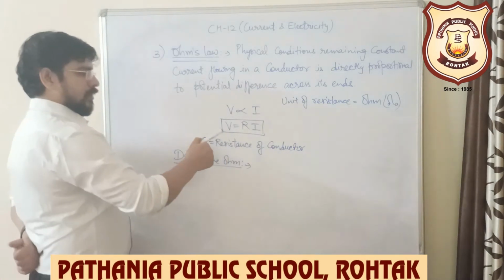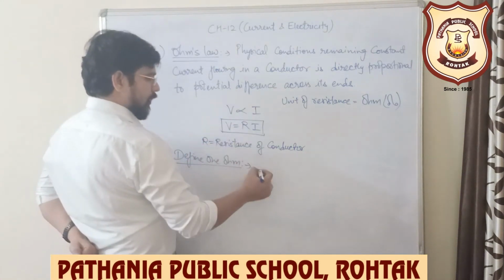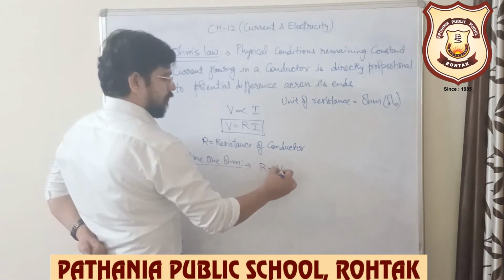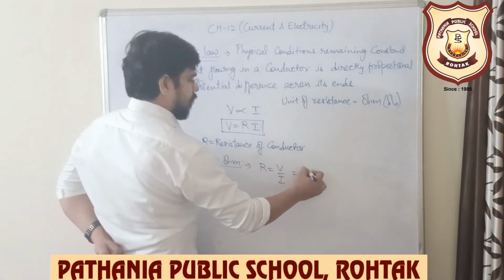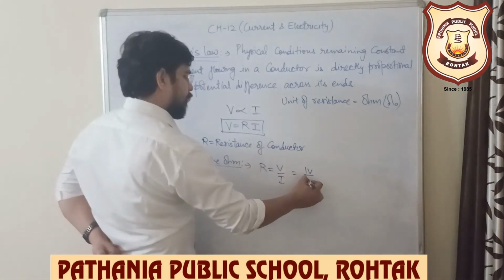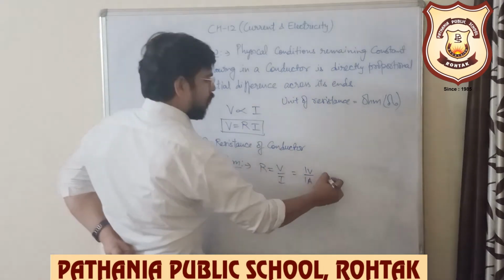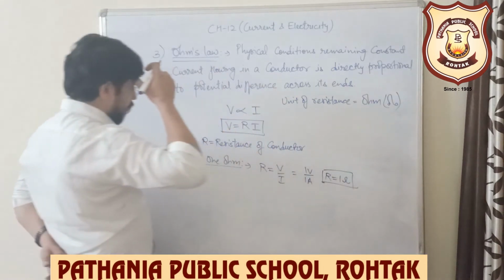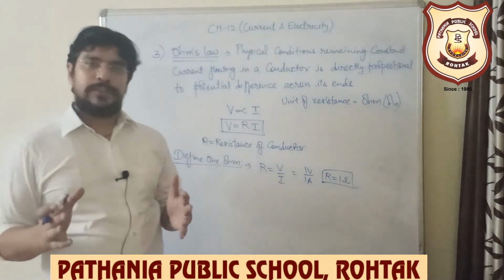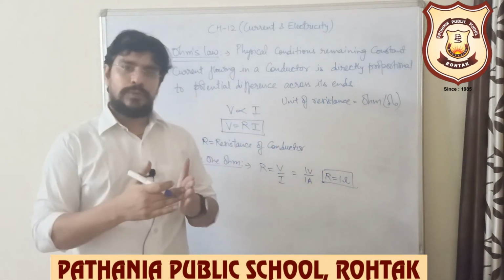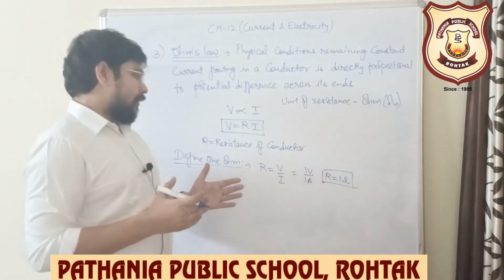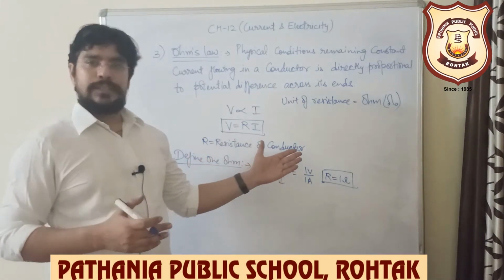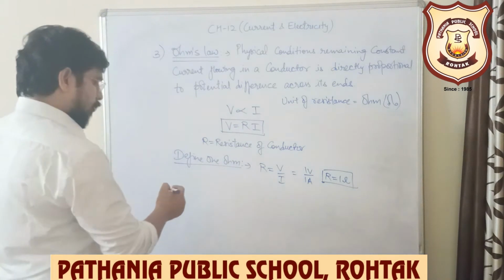If we take V is equal to 1, and if a current of 1 ampere is flowing, then R must be equal to 1 ohm. So according to this formula, if at a potential difference of 1 volt the current flowing through a conductor is 1 ampere, then we can say that the resistance of that conductor is 1 ohm.